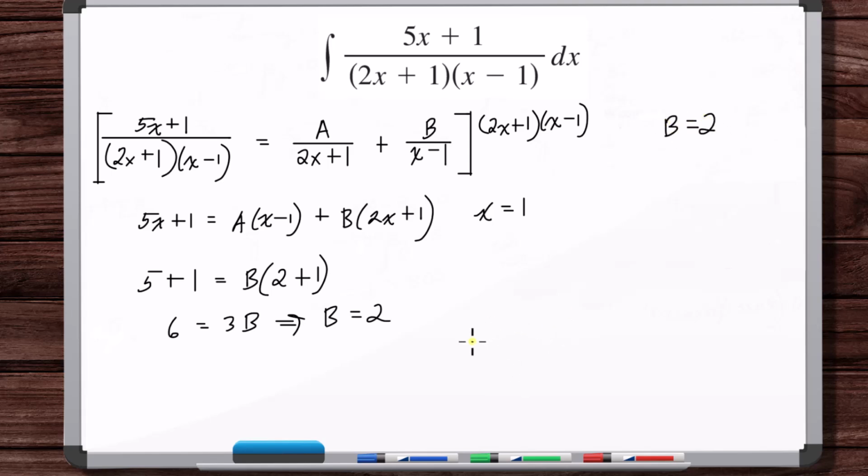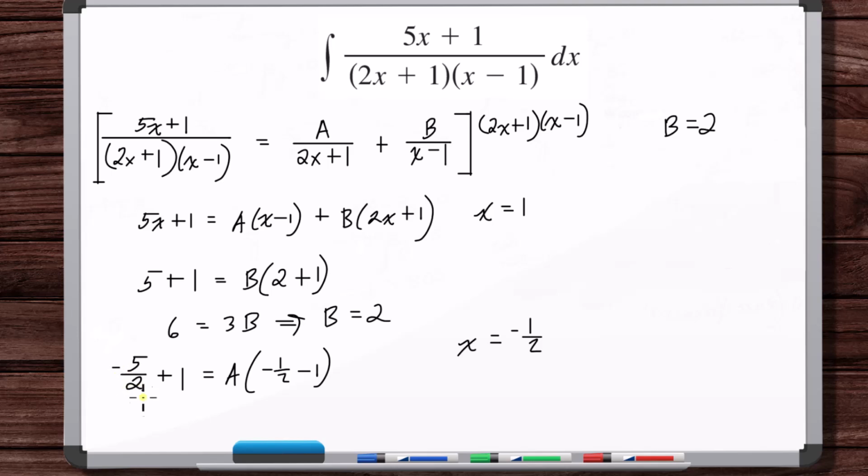Now if we set x equal to minus 1/2, you get minus 5/2 plus 1 is equal to A times minus 1/2 minus 1.